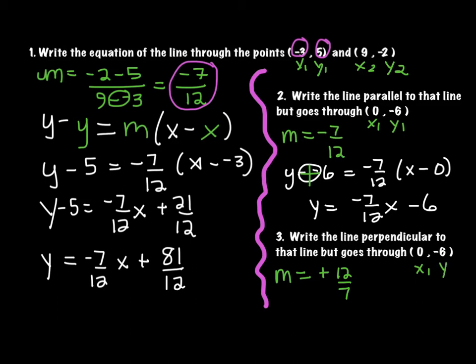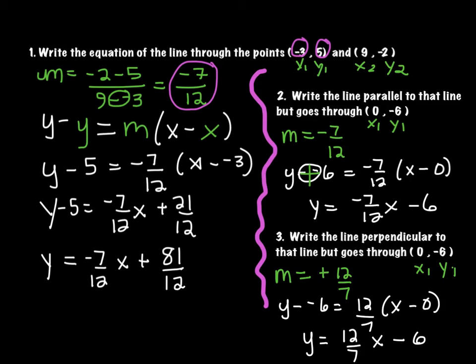So again, y minus the y I'm given equals m times x minus the x I'm given. And if you solve this for y, you'll get 12 over 7x minus 6.